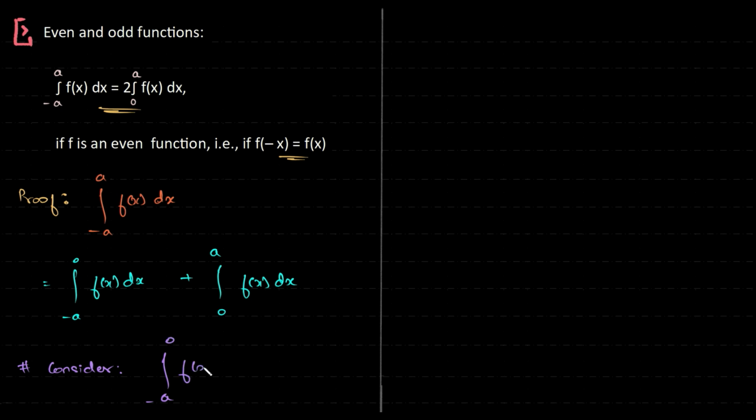Now to do that, we will call t as minus x. So dt is equal to minus dx. So when we substitute x is equal to minus a, the lower limit, t will be equal to plus a.